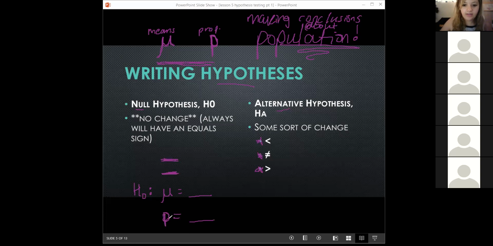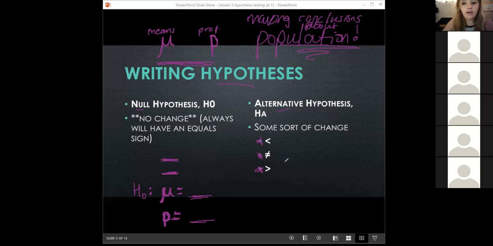So here, just as a review, we're using the population symbols for means and proportions, and they're always going to have an equal sign here, okay? And then obviously the number is going to change on this side depending on what the problem is. So these are basically your options right now for a single mean or single proportion.